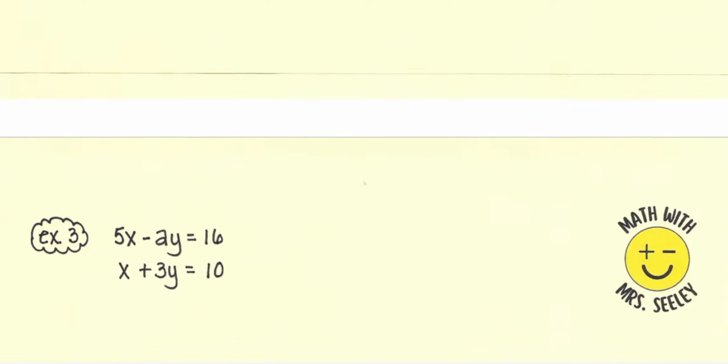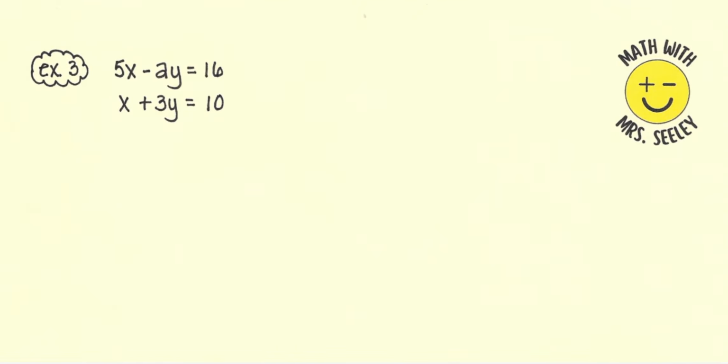But in this one, they didn't quite do that. So what we have to do is decide for ourselves what expression we want to substitute in. I suggest looking through the whole problem, look at all your variables, and see which one looks the easiest to get a hold of. And I can see that this x is by itself. So he's the easiest one to get a hold of.